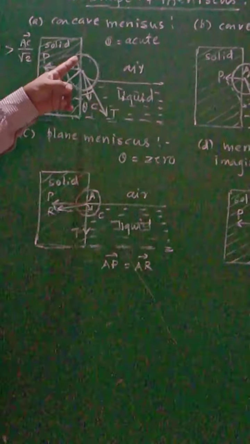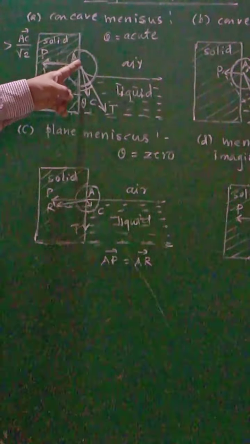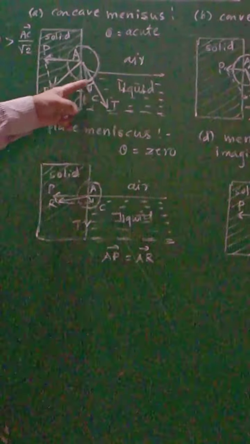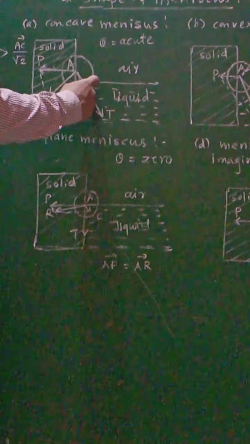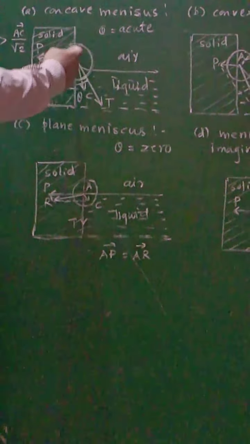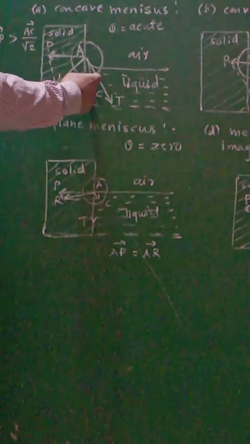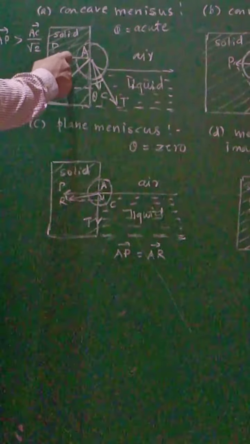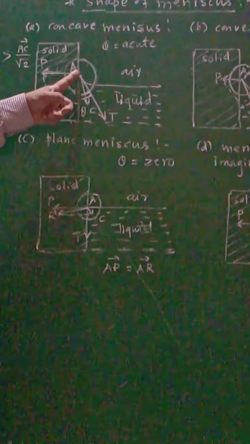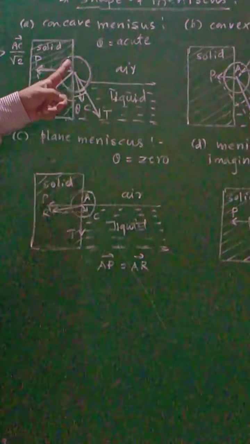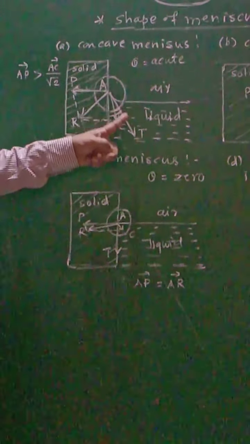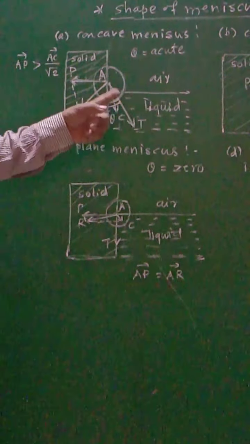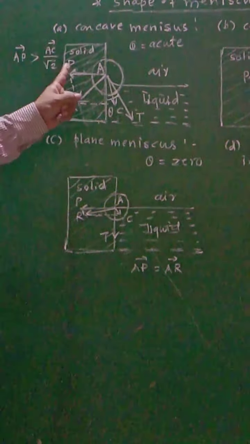Actually, it will be sphere, and that is the sphere of influence of this molecule A. Part of that sphere of influence lies inside the air, some part lies inside the liquid, and the remaining part lies inside the solid. And therefore, this molecule A will be acted upon by different forces. These are the cohesive forces and adhesive forces.